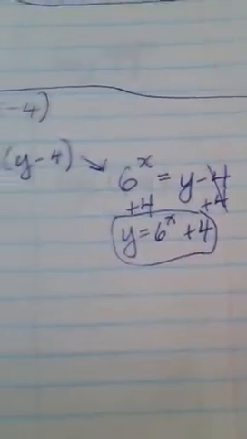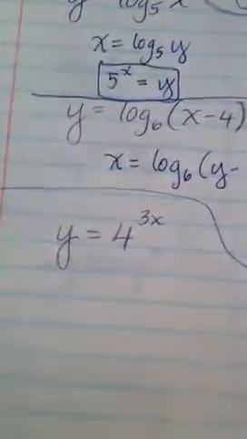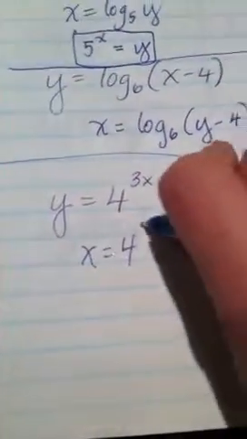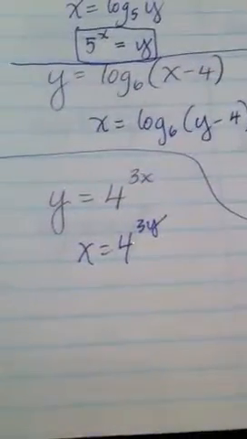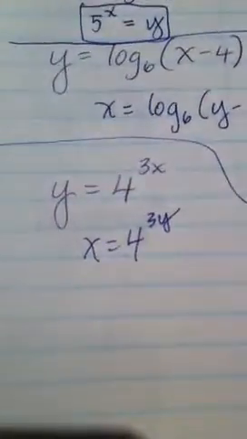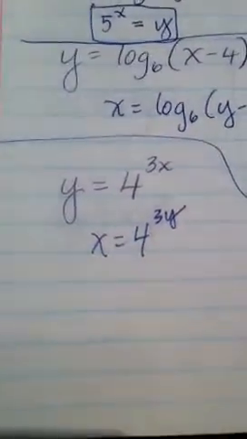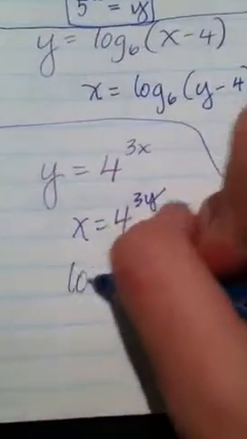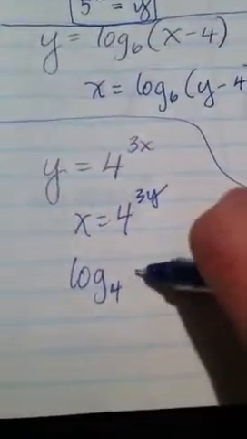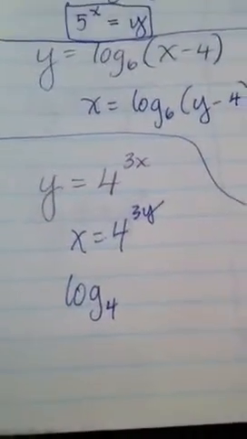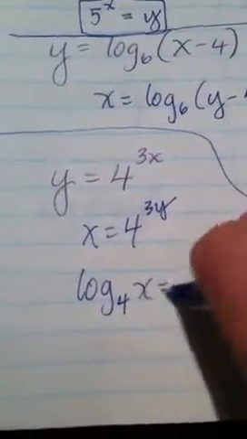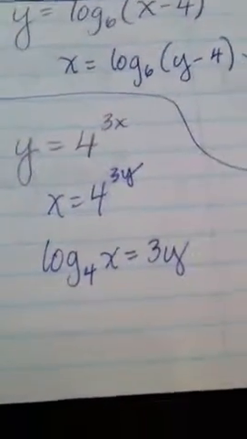One more. Let's see, switch the x and the y. Now, this is an exponential form because there is no log, so that means I want to write it into log form. So I have the log base 4, I have to look up here too, of x equals 3y.